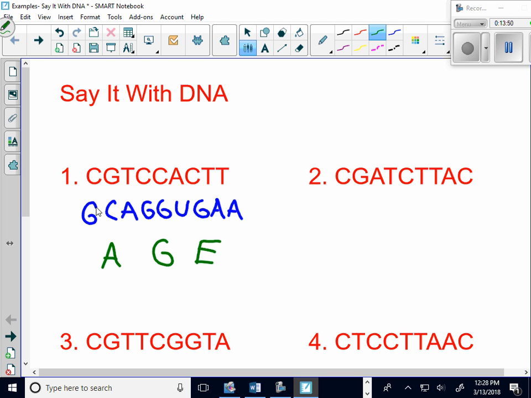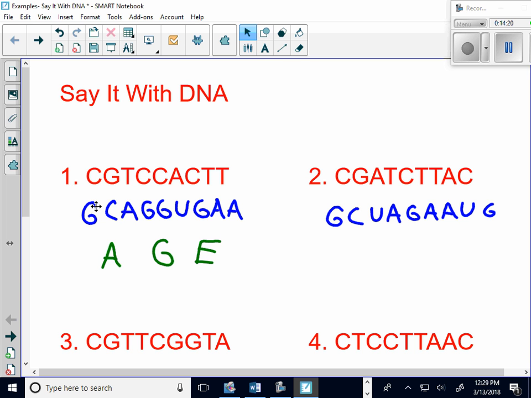Okay. Let's do the second one. We got to make the mRNA first. So it's G, C, U, A, G, A, U, G, right? Now, I have transcribed that.